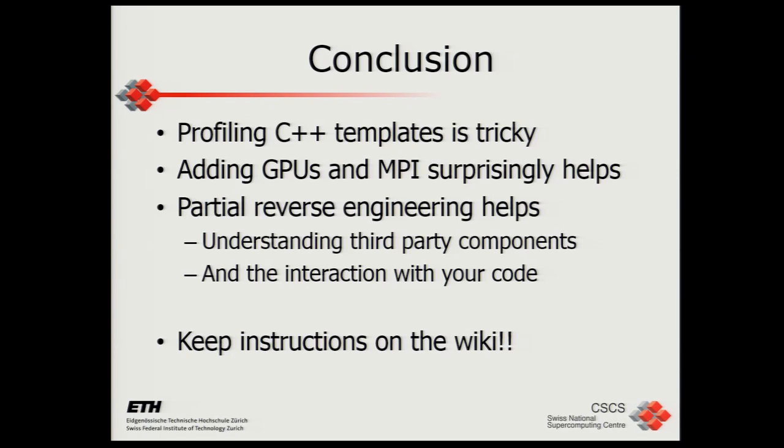We have to reverse engineer a lot of stuff to find out what options to use, and also why our application was not working, how the MPI implementation worked, etc. But this was a good exercise, and my advice is keep instructions on the wiki, because you will forget this after 2 hours, and that's it.